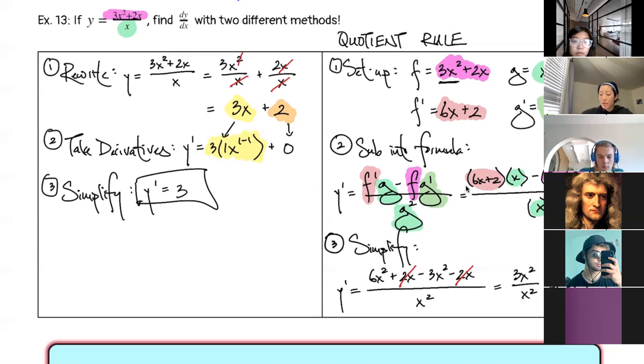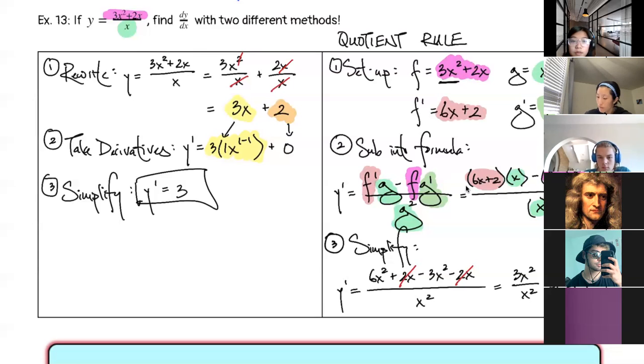So in this case, I think that by and large, the first method is more efficient. What the first method also does is remind us of some important algebraic structures, like that we can split one fraction into more than one fraction, and that we can simplify some things. Those are important to remember because they tend to come up a lot in math in general.